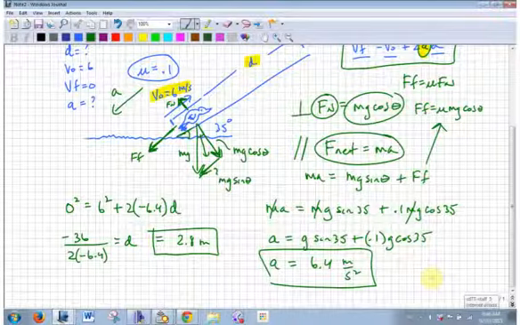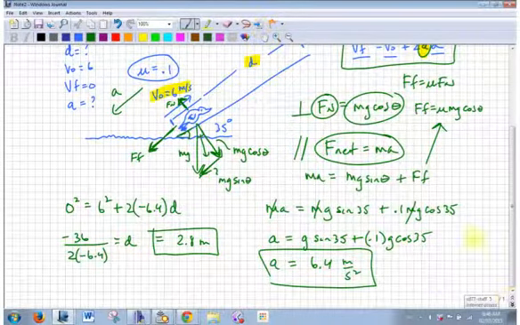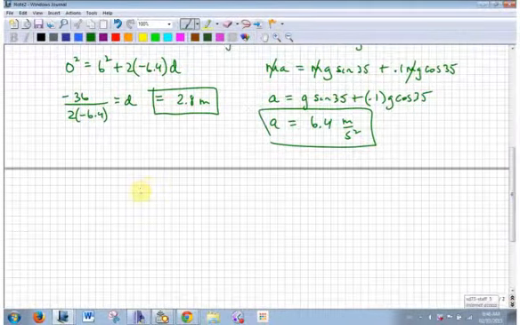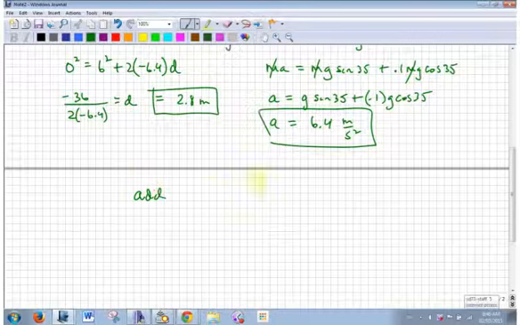You've already done 1, 2, 4, 5, 11, 15, 18. Number 3 is going to look a lot like the lab you did last day. 3, 6 to 10, 12 to 14, 16, 17.